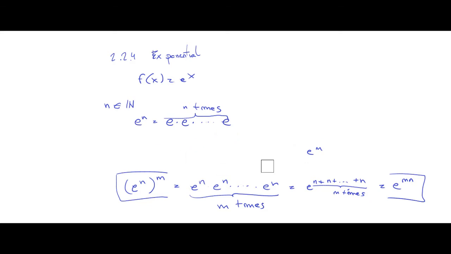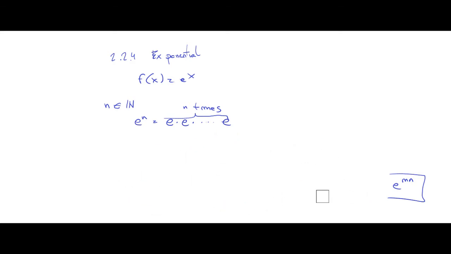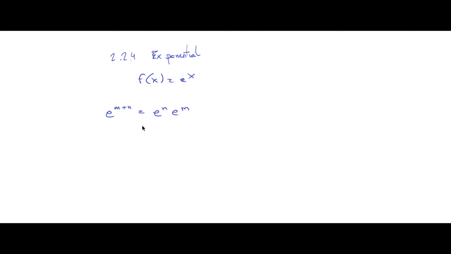This is when we have natural numbers as the exponent. What happens when we have a negative number? How do we define this? Well, let us extend the property that we have just stated, e to the n plus m is e to the n times e to the m, to include negative numbers. So let's say I have e to the n. I can say this is e to the n plus m minus m.